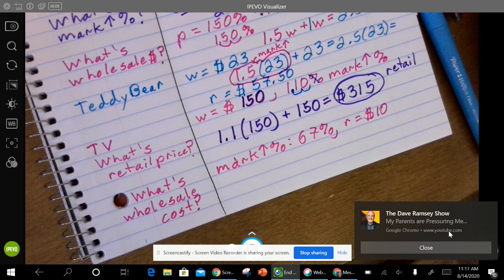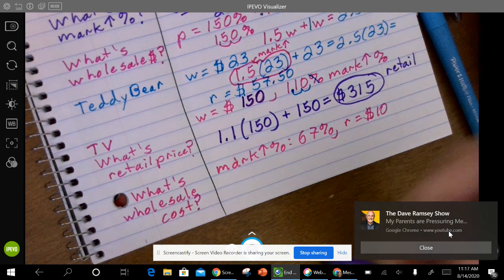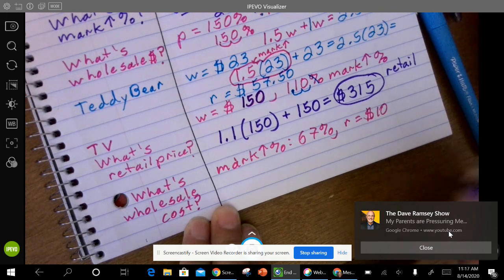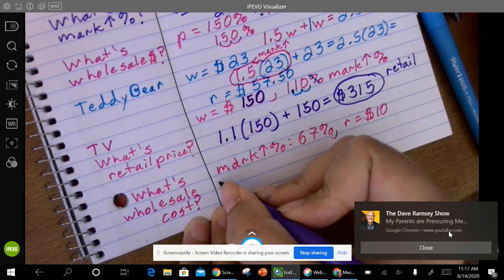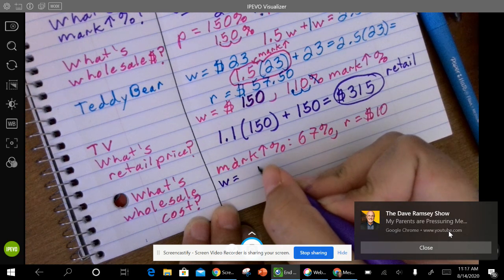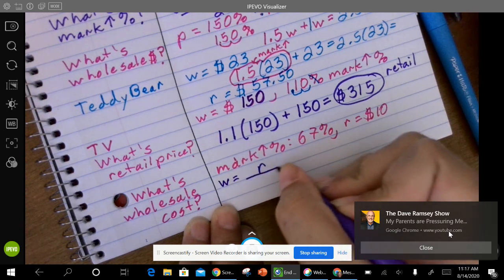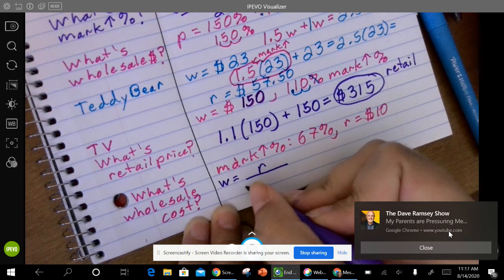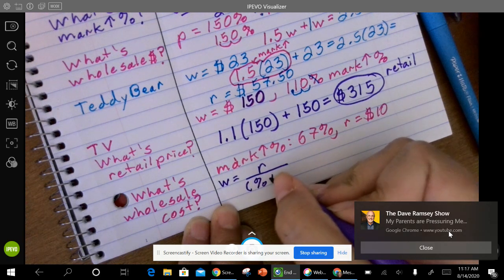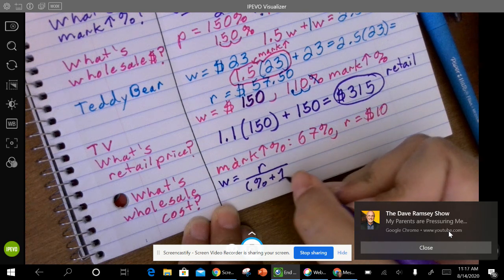So how we're going to figure that out, it's going to be the wholesale cost is equal to the retail cost divided by the percent plus 1.